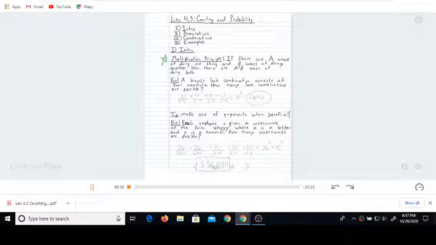So first example, a bicycle lock combination consists of 4 numerals. How many lock combinations are possible? So basically you got 4 choices. The first number in the code, the second numeral, the third numeral, and the fourth numeral. And basically each one of these is between 0 and 9.